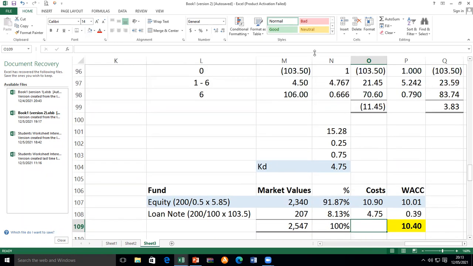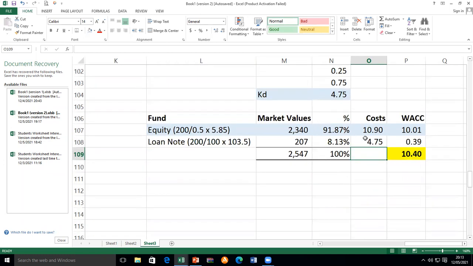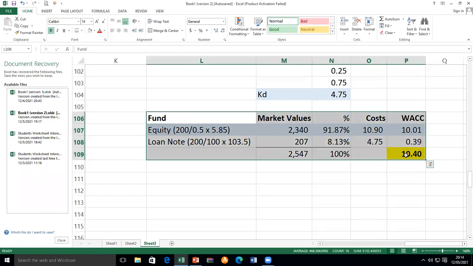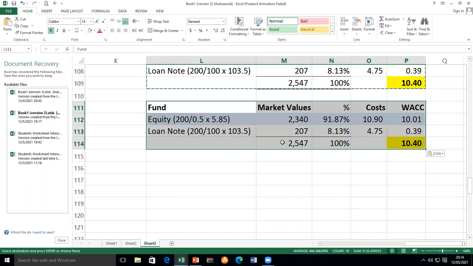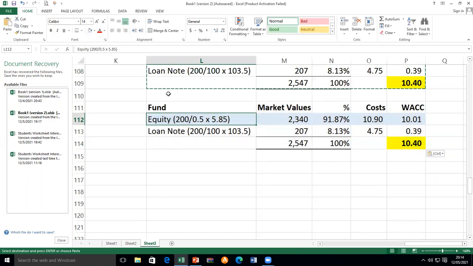Are we finding the same values? Yes. Okay, now they wanted one with market values, another one they wanted us to use book values. Did you notice? They wanted us to use book values also.